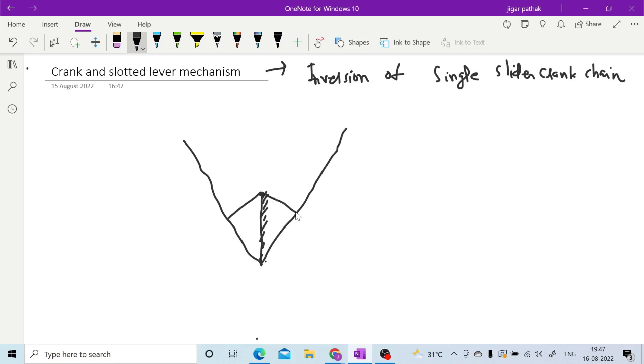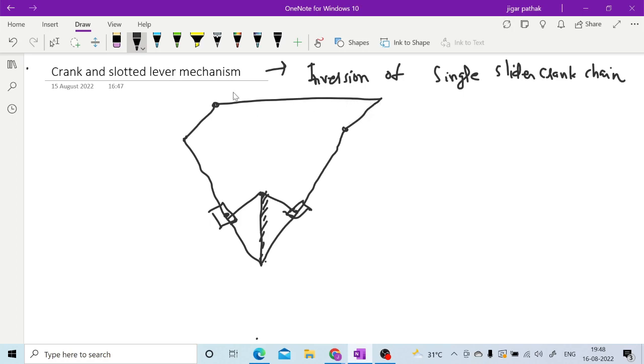So these are the positions of your crank at which it will be perpendicular to this slotted lever. This is the slotted lever actually. Inside that, this slider is rotating. And over here you can have one more link in order to give your cutting stroke and return stroke.